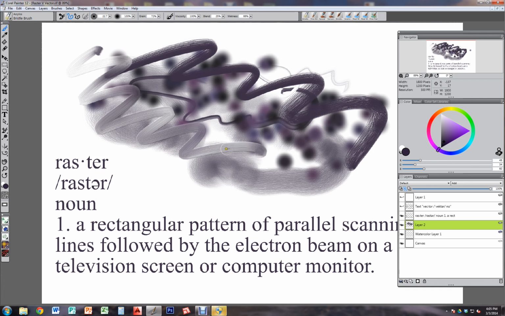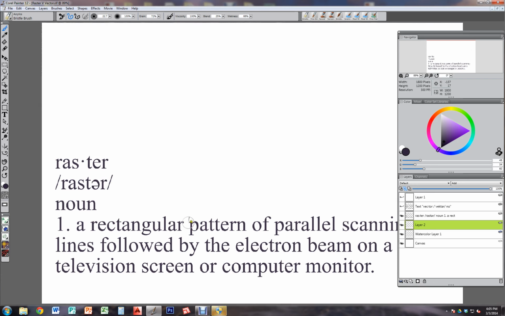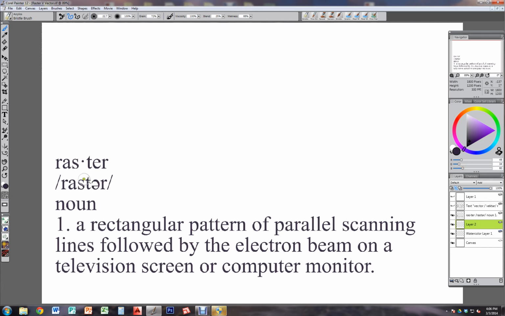But how it displays it, there are really only two ways that a computer can display digital images, and that's raster and vector. A rasterized image is one that we're used to seeing pixelated. And the definition of raster is a rectangular pattern of parallel scanning lines followed by the electronic beam on a television screen or computer monitor.